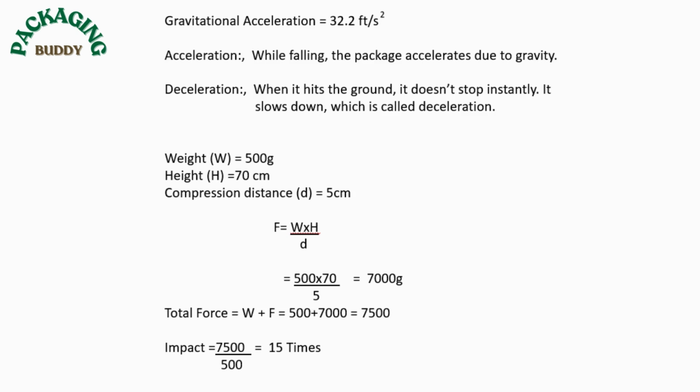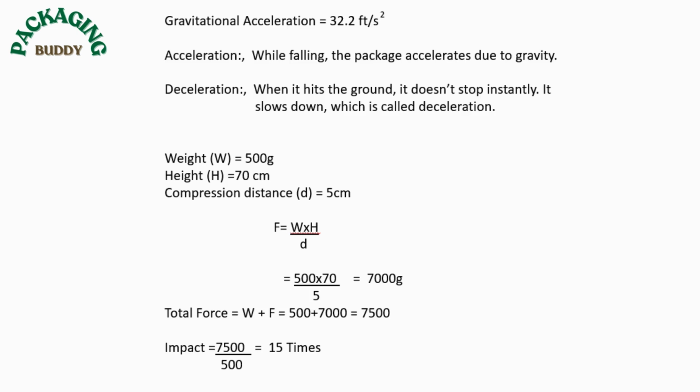Total force exerted is equal to force F plus the weight of the package. Total force is equal to 7,000 plus 500, which is equal to 7,500 grams. This means the force during impact is 15 times its normal weight.